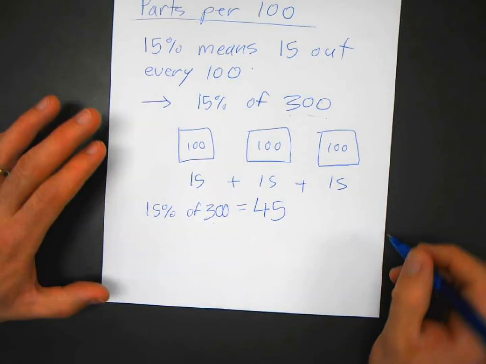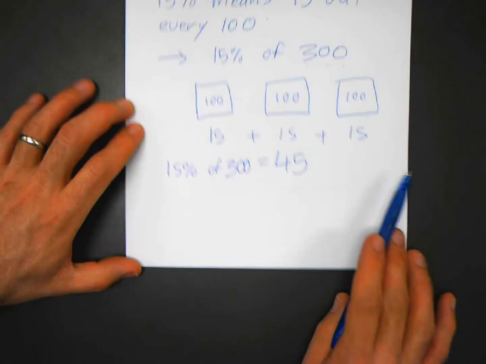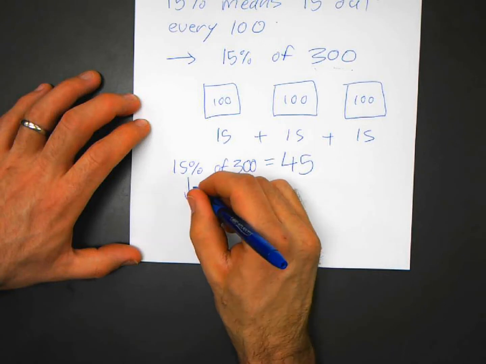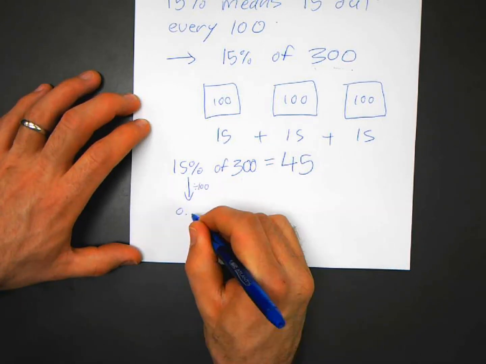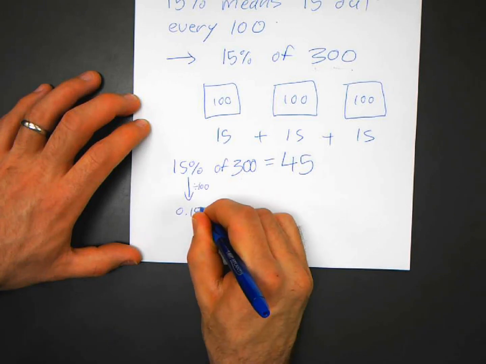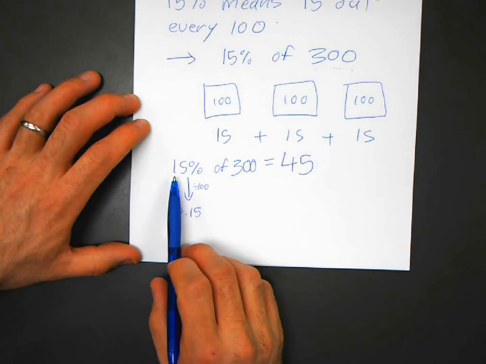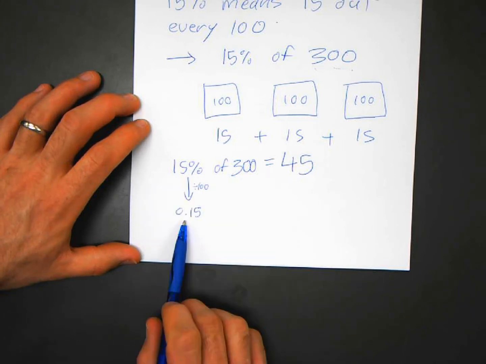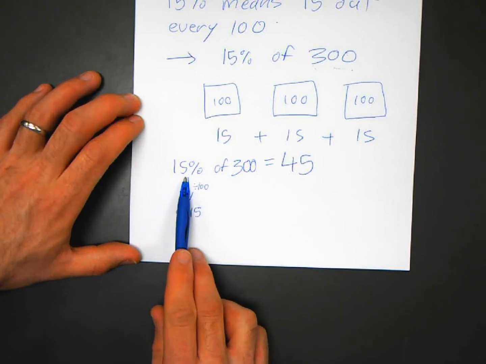Okay. Now, we don't want to have to draw a picture every time. So the way we learned yesterday is to take the 15%. And if we just divide that by 100 on our calculator, we'll get 0.15. Now, ideally, when it's a 2-digit number especially, we're not going to need to use our calculator. We're just going to put it into a decimal number. We're going to pretend this is like 15 cents.